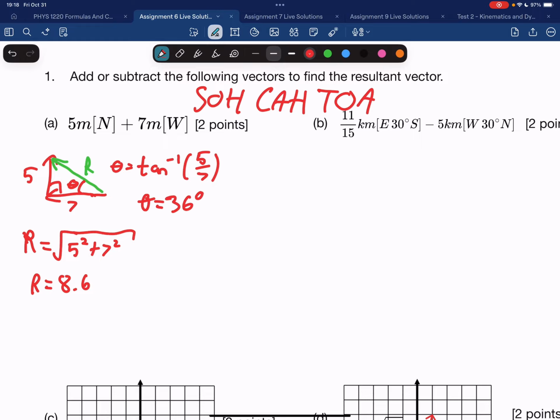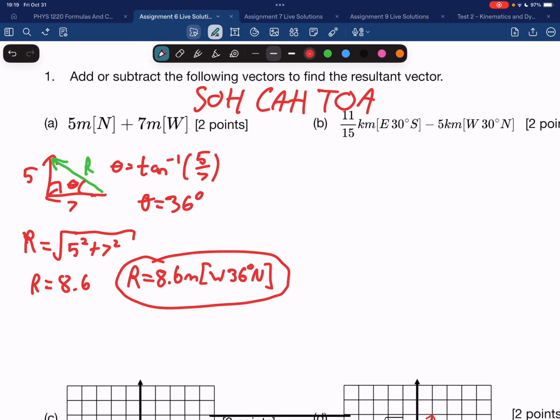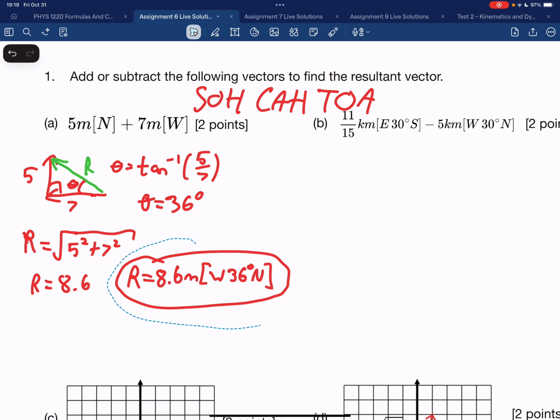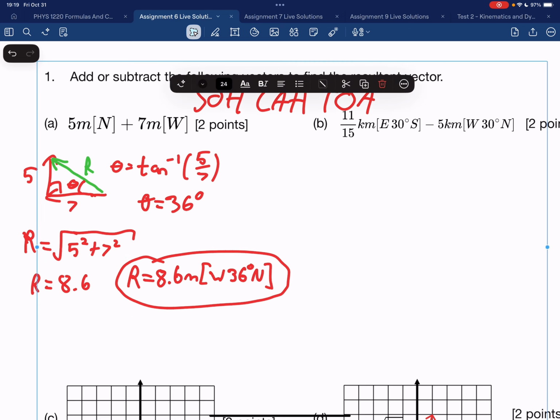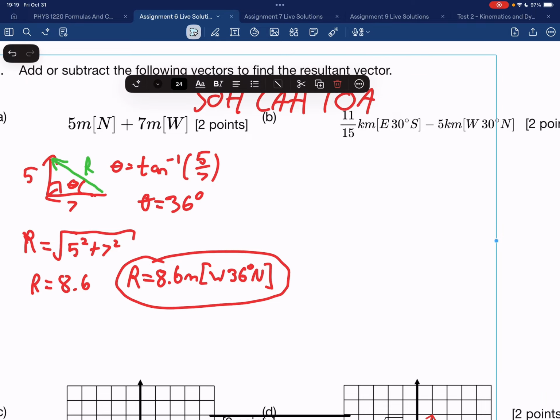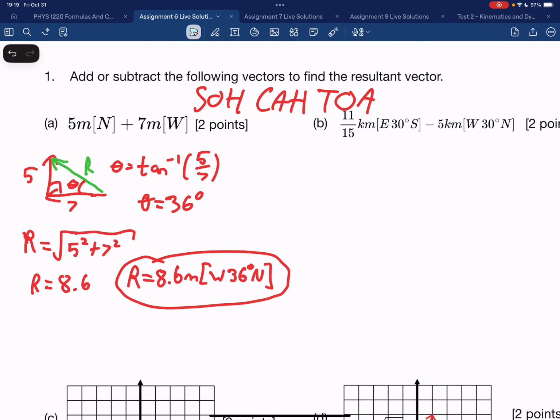So my final answer becomes R equals 8.6 meters west, 36 degrees north. Again, this last part here where you write out the direction, people got this part confused quite a bit, the part I just circled right there. A lot of people would write north 36 degrees west instead by accident.